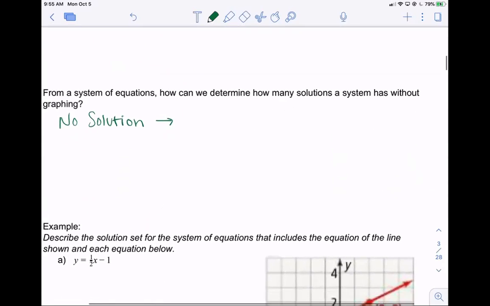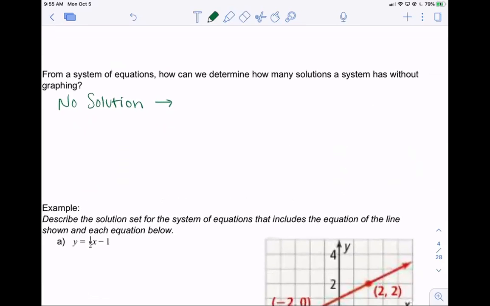So no solution is when the two equations have the same slope, but different y-intercepts. Same slope, different y-intercepts.